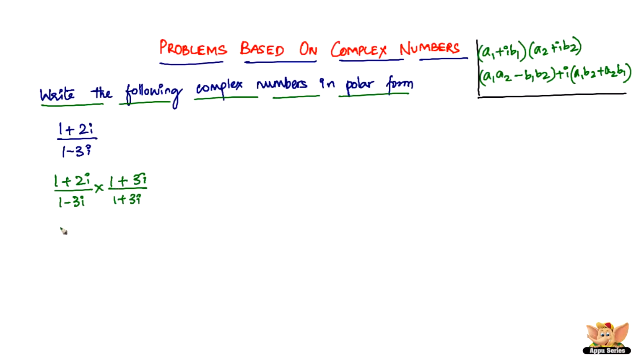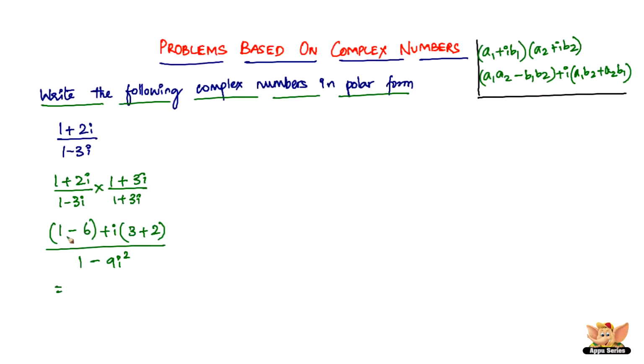a1 a2 is going to be 1 and b1 b2 is going to be 2 times 3, but it's minus of b1 b2, so it's going to be minus 6, plus i times a1 b2. a1 is 1, b2 is 3, so it's going to be 3, plus a2 b1, so 1 times 2, it's going to be 2, divided by, this is the form a plus b into a minus b, which is a square minus b square, so it's going to be 1 minus 9i square, right?